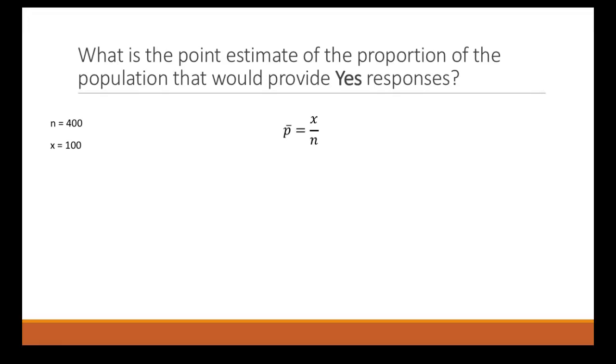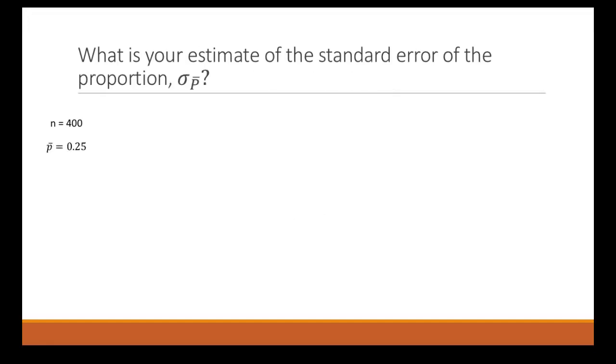So our point estimate of the proportion, P bar, equals X over N. So we plug in the numbers that we have, 100 divided by 400, meaning that our P bar, our point estimate of the proportion of the population, is 0.25. So we will use that P bar now when we are finding our standard error.